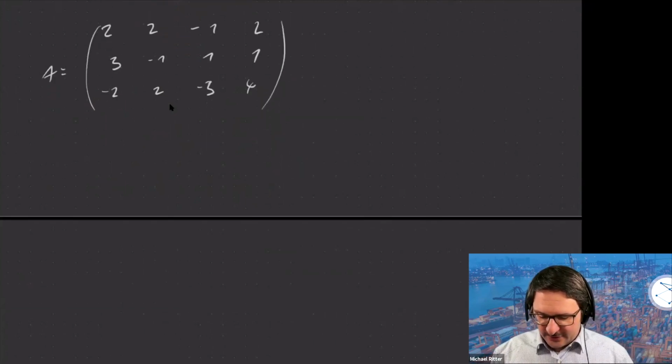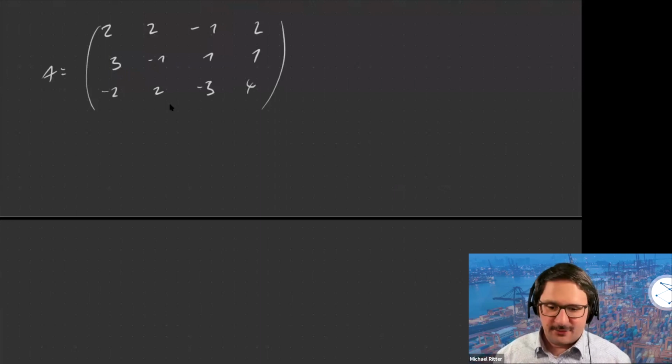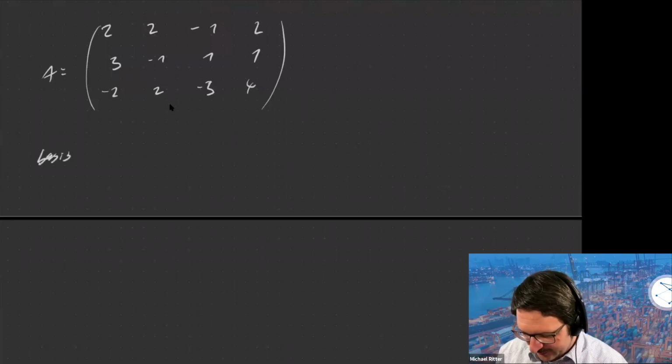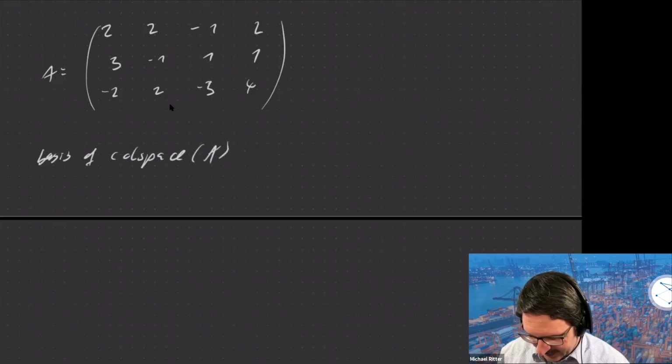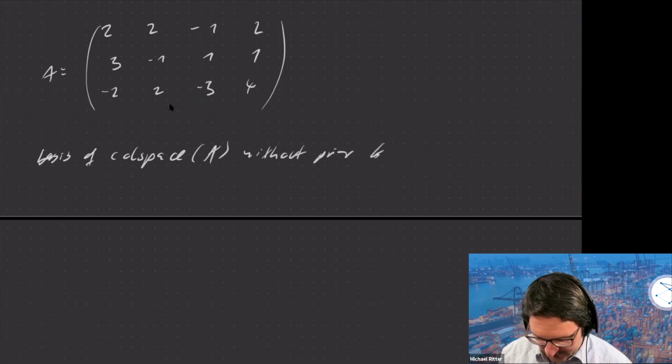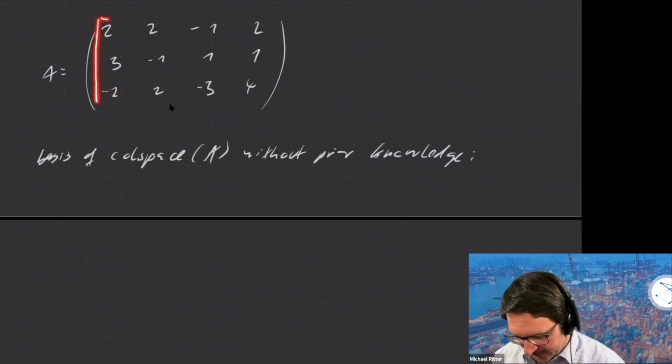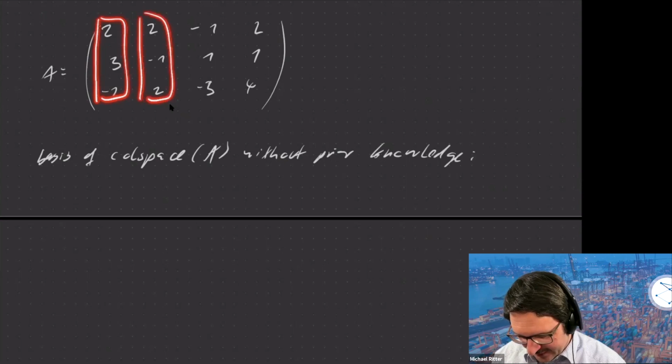So let's say we want to find a basis of that column space by hand without any prior knowledge. Then what could we do? What we could do is take these 4 vectors and compute a linearly independent subset.